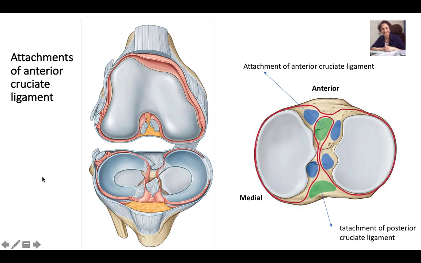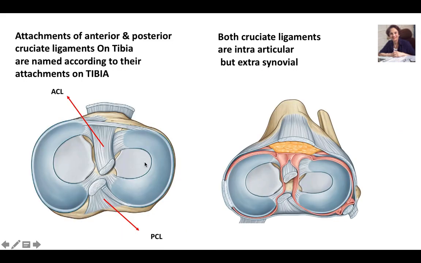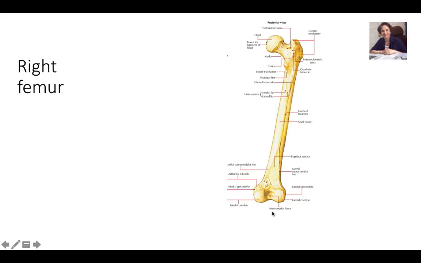You can see here the synovial membrane is only covering it from these sides but not taking it in. So they are intra-articular and extra synovial. You can see a slightly enlarged image. This is synovial membrane, the tibial tuberosity, anterior cruciate, posterior cruciate, and they are inside the joint but outside the synovial membrane.